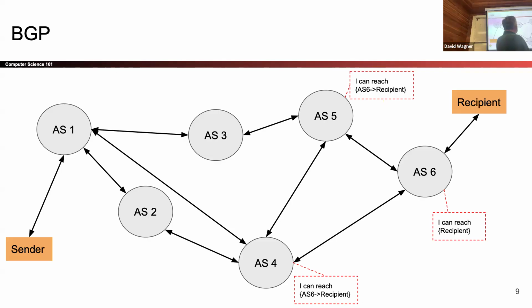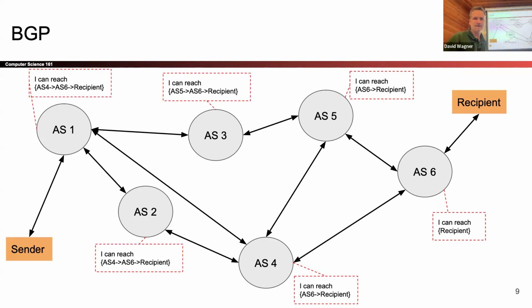So 5 announces to its neighbors, hey, I know a way to get to the recipient. Who are the neighbors of 5? 3, 4, and 6.